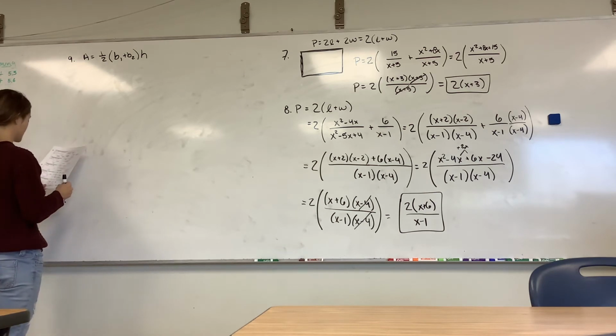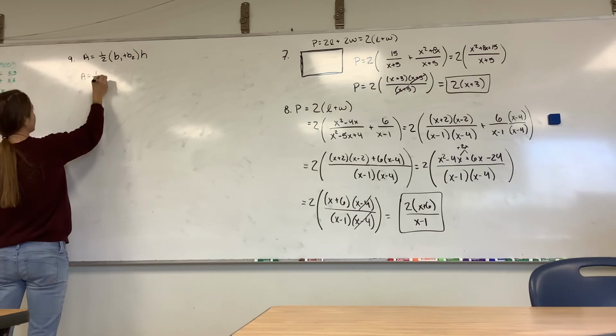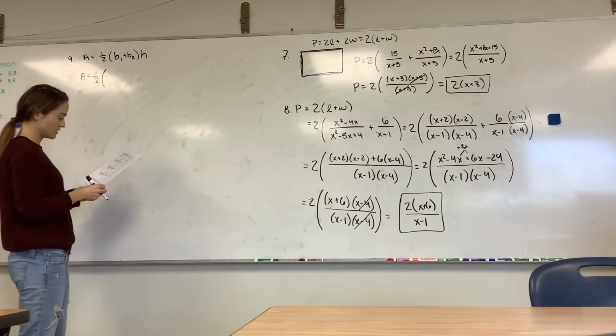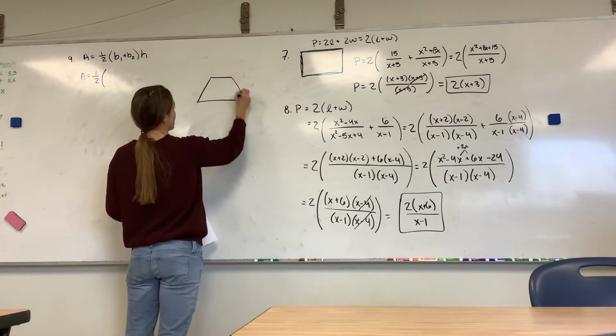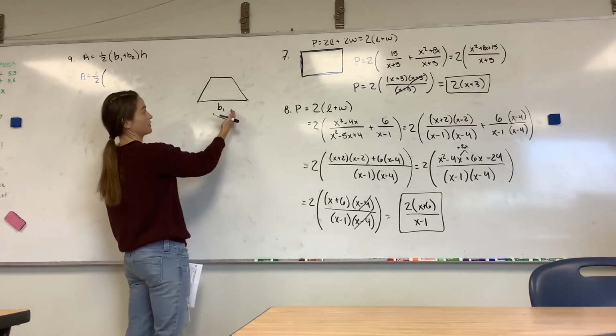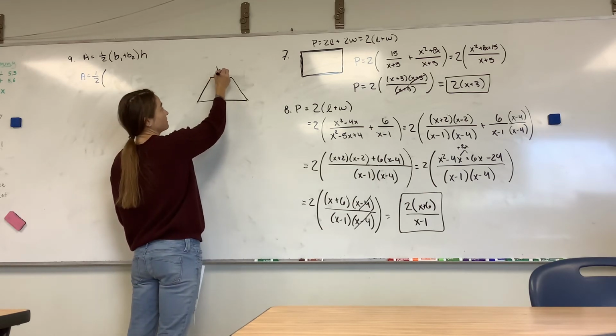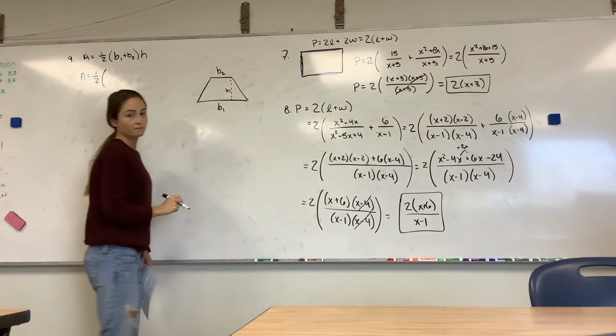So if you start doing this problem, you would say that area is equal to 1/2, and then what are the bases? It is important to understand what a trapezoid is, right? If you have a trapezoid, this is a base, because it's on the bottom. This is a base. The height is this.